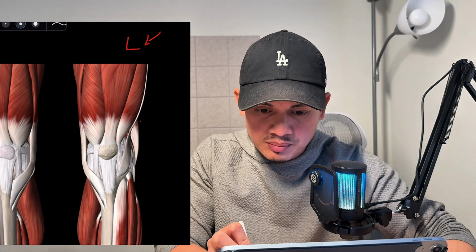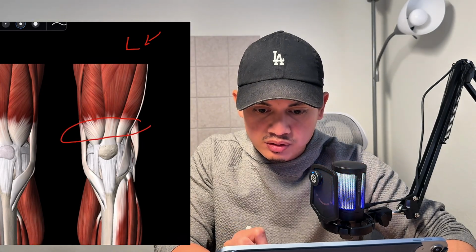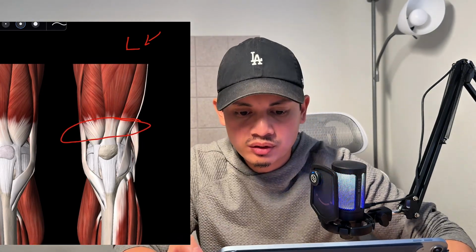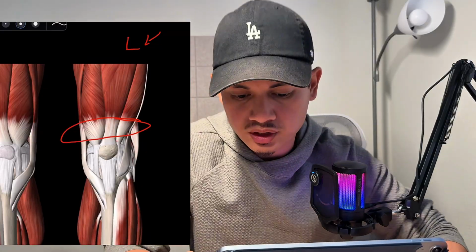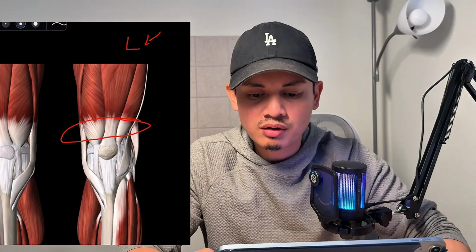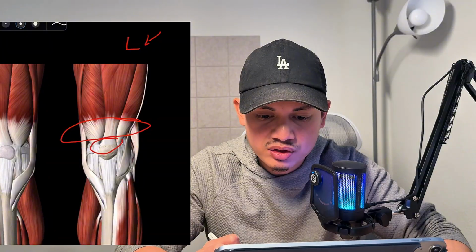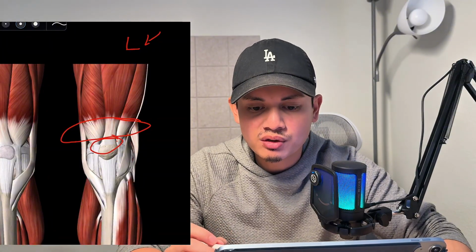And since we're on the topic of quads, when we're running, we definitely use a lot of the quad muscles to perform the running movement, and that places a lot of stress right on the insertion, the lower part of the quad, pretty much where they attach to the kneecap.